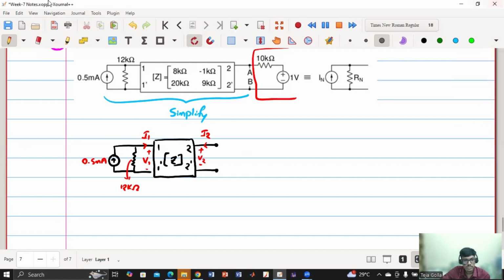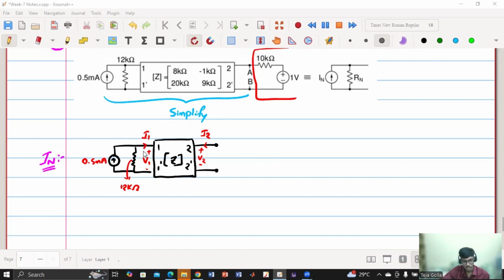Hello, are you there? Yes, sir. So now for calculating I Norton, that 0.5 current is not going to divide into this 12K ohms, sir. I1 is not 0.5.